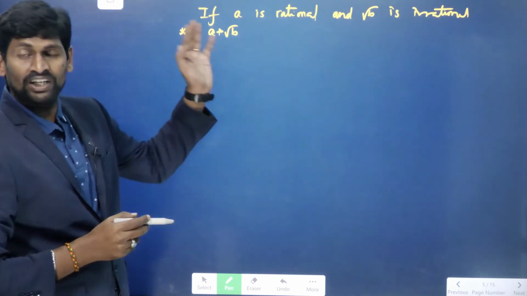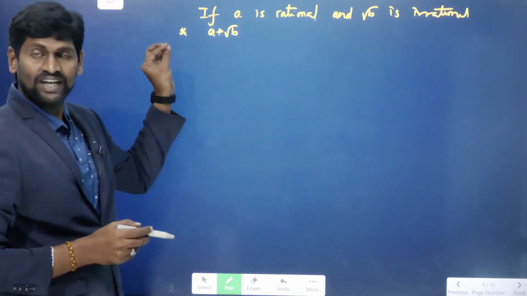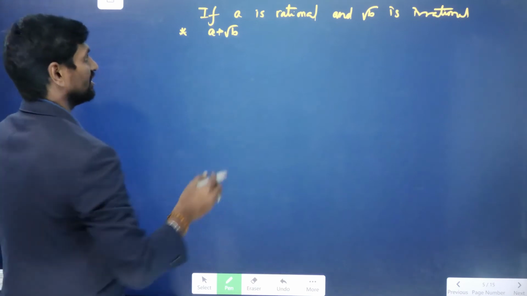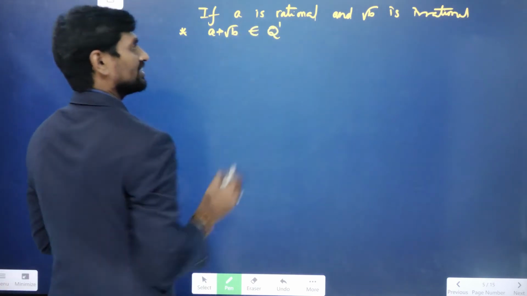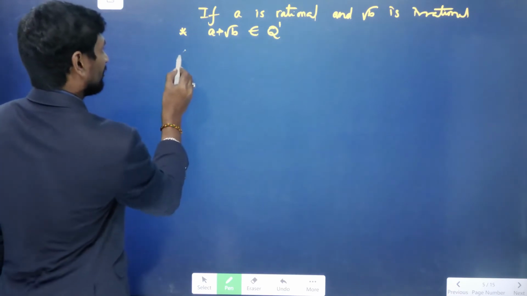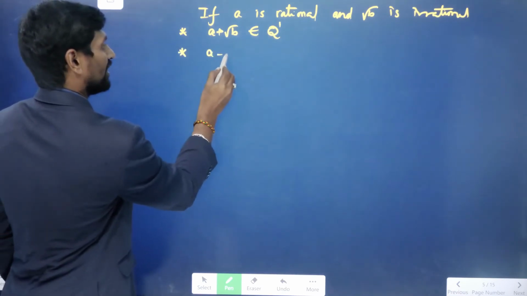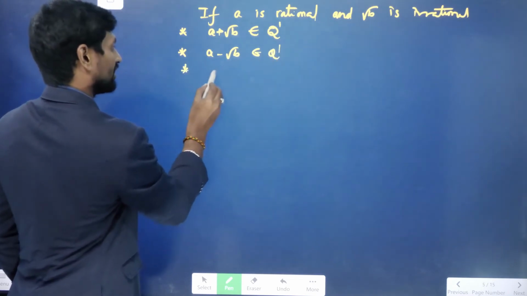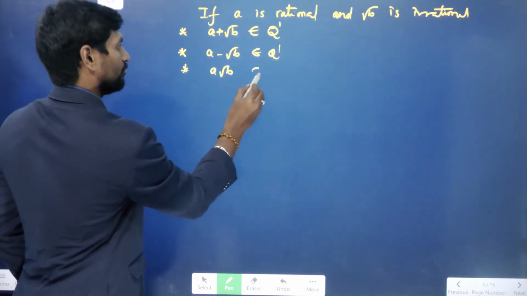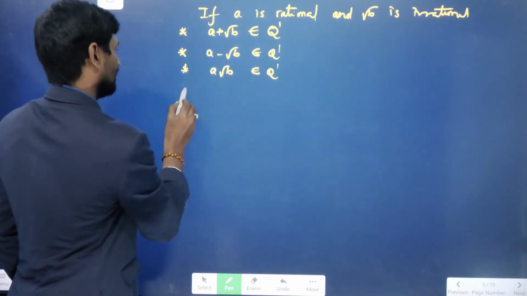One rational, one irrational. Sum of rational and irrational number is always irrational, Q dash. Difference, A minus root B, is also irrational. Product, A root B, is also an irrational number.